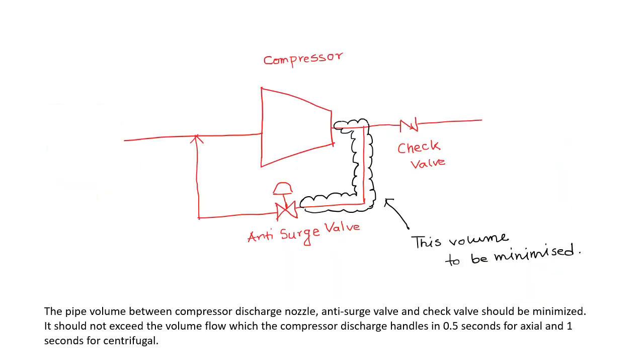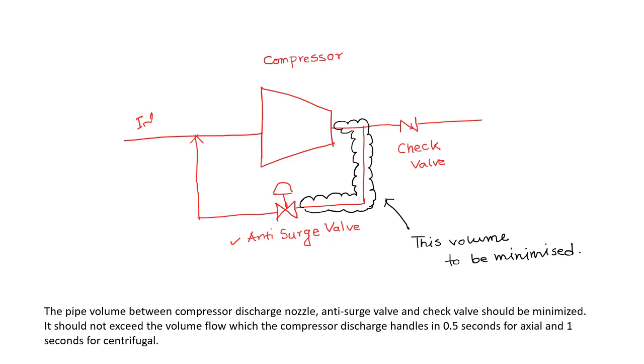Now, another thing that API 670 points out related to the control system is the location of the anti-surge valve. As you can see, the anti-surge valve is located mainly in the discharge of the compressor and recycles the flow back to the inlet.